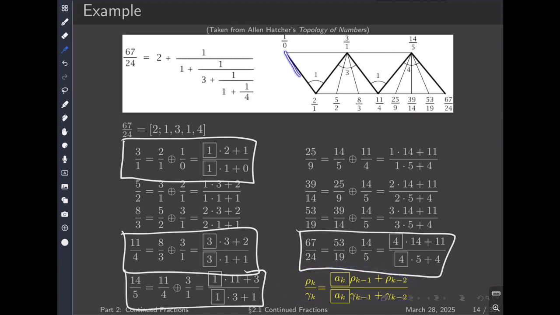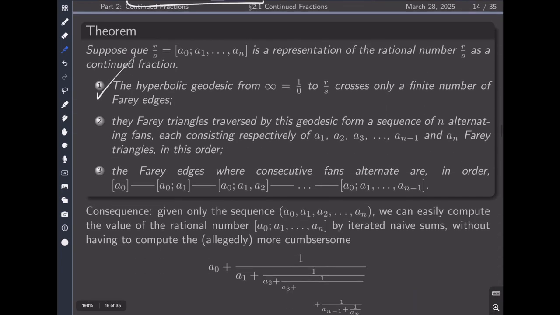And the places where one has the change of alternation are in these edges connecting them. The first one and the last one, but the changes are in these.